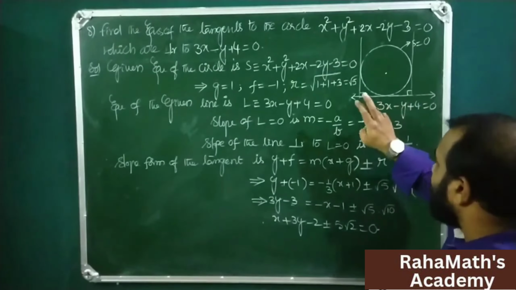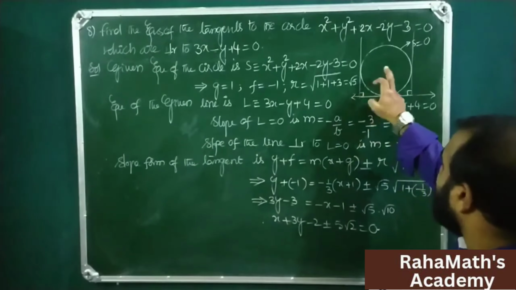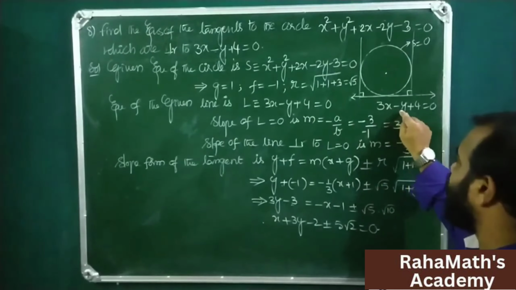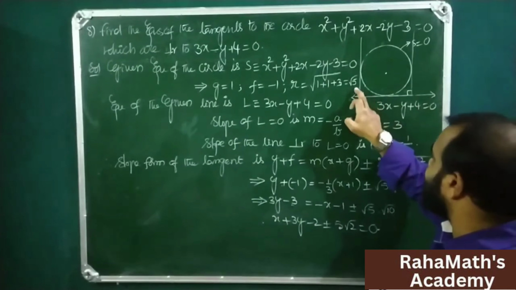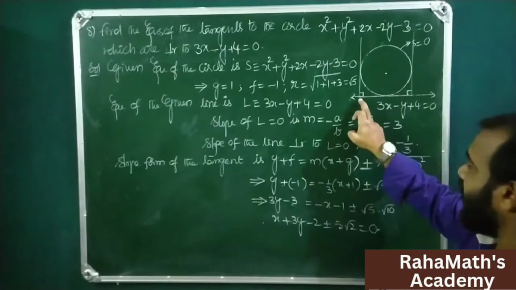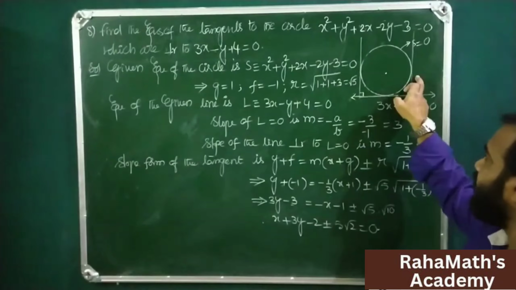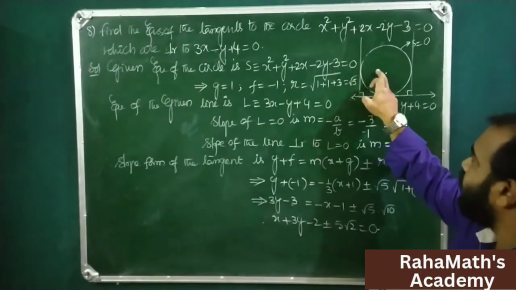We want two tangents to the circle that are perpendicular to this line. I have shown in the diagram the perpendicular symbol as well. So these two lines are perpendicular to this line and tangent to this circle.